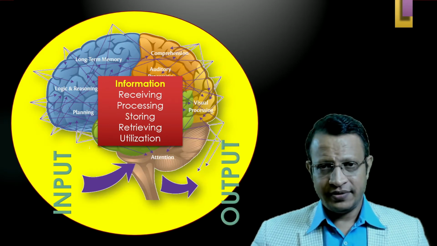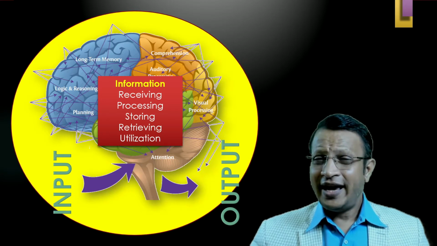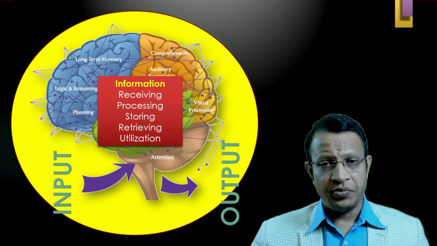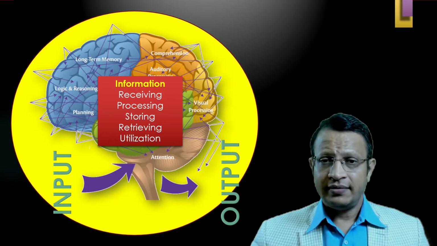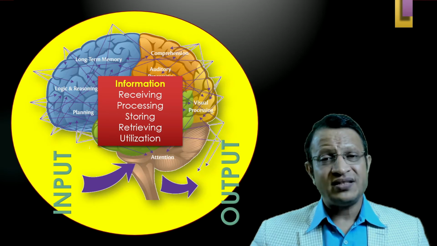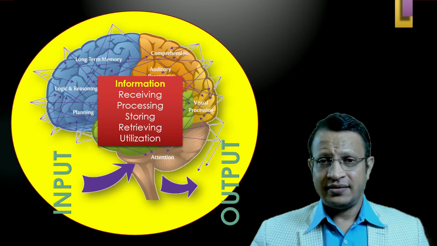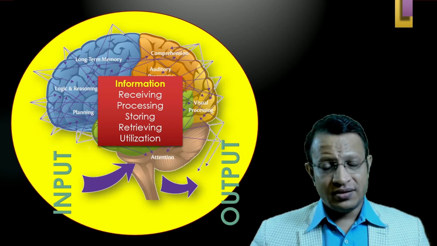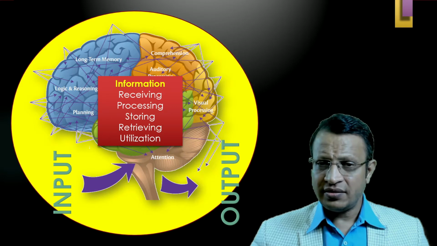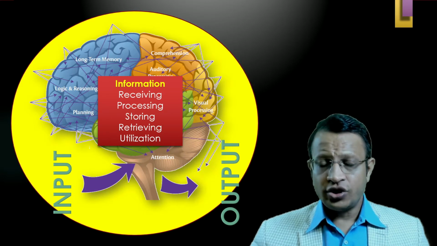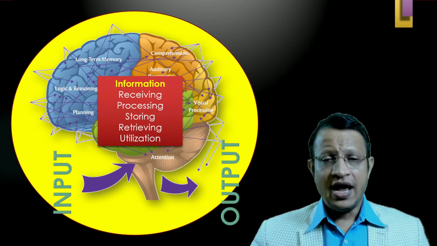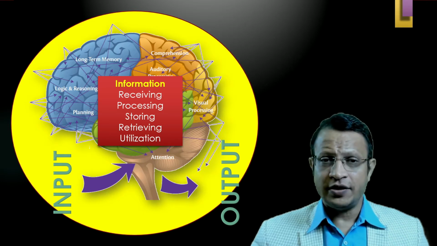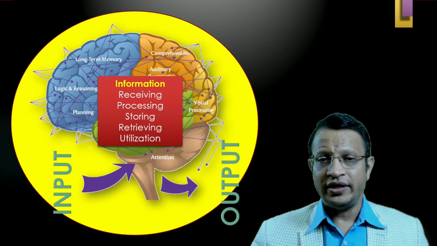That is output. So, the brain, especially language and communication, in the form of reading, writing, communicating, requires some cognitive skills, such as focusing attention and receiving the information. Once the brain receives the information, it has to be processed, understood, and stored in a meaningful fashion. Later, whenever there is a problem, this information is retrieved and utilized for solving the problem.